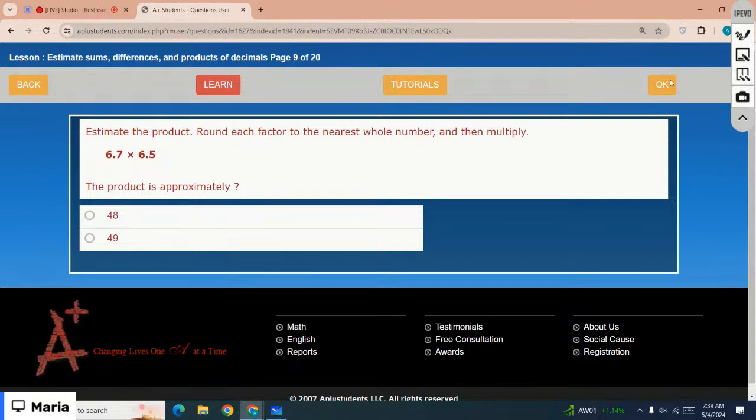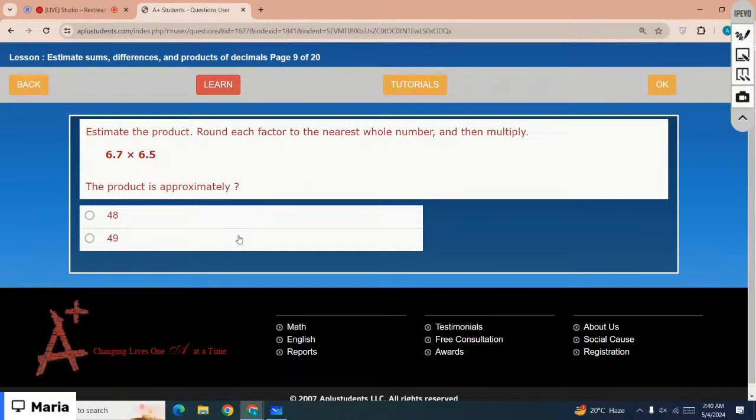So which is the correct option? Yeah, the correct option is 49.